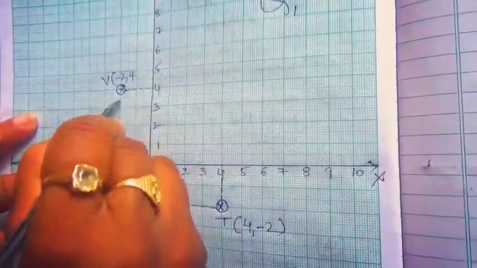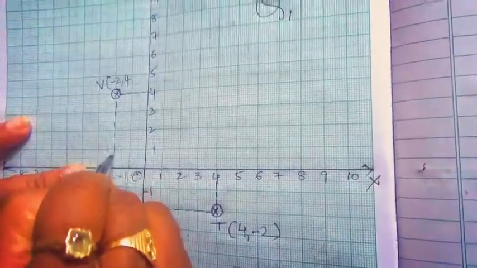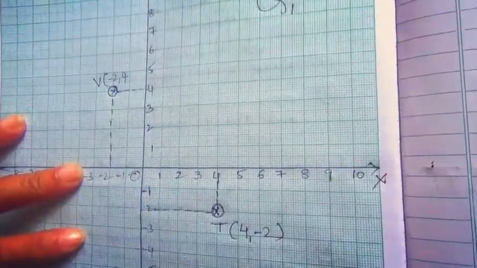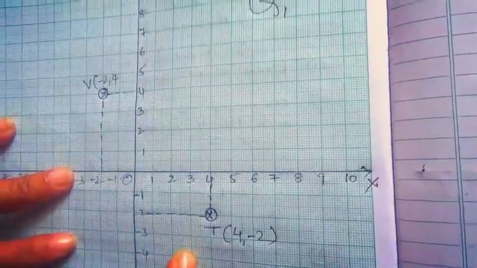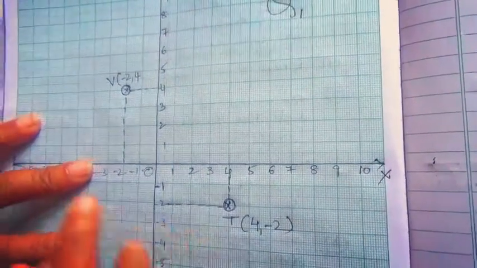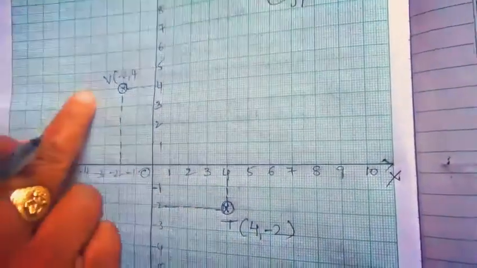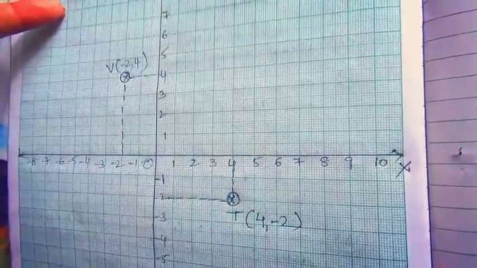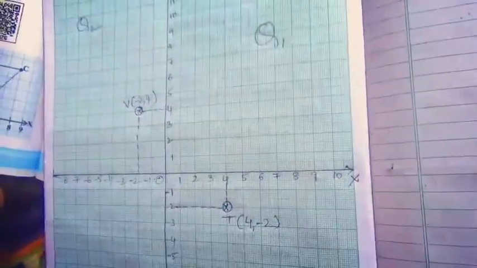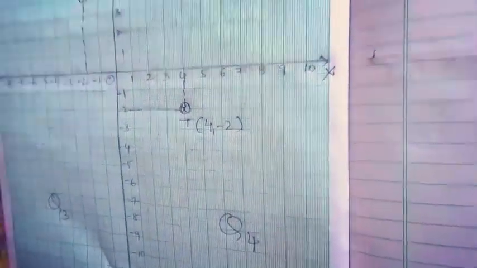Let's join these two with the x-axis and y-axis. Do these 2 points lie in the same quadrant? No, they are located in different quadrants. Here V is located in quadrant 2 and T is located in quadrant 4. These two are not the same.